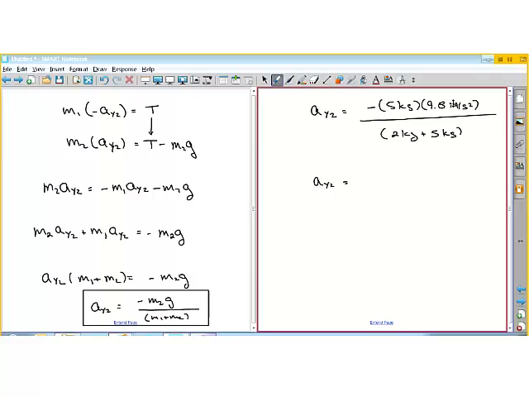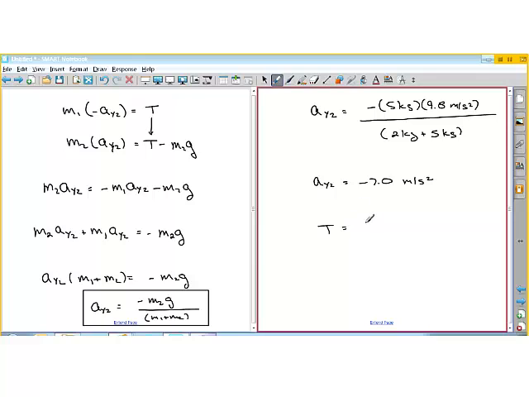So I'll get negative 5 times 9.8 divided by 2 plus 5, and I get negative 7.0 meters per second squared. So that's the acceleration of object 1. Now I could go back and calculate the tension if I asked, what's the tension in the rope?